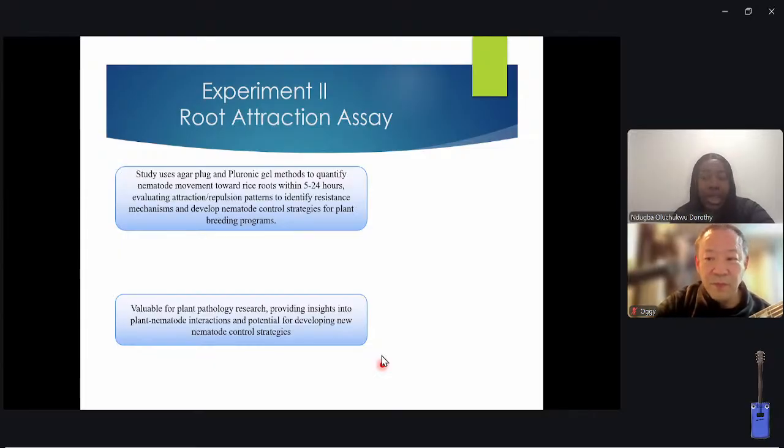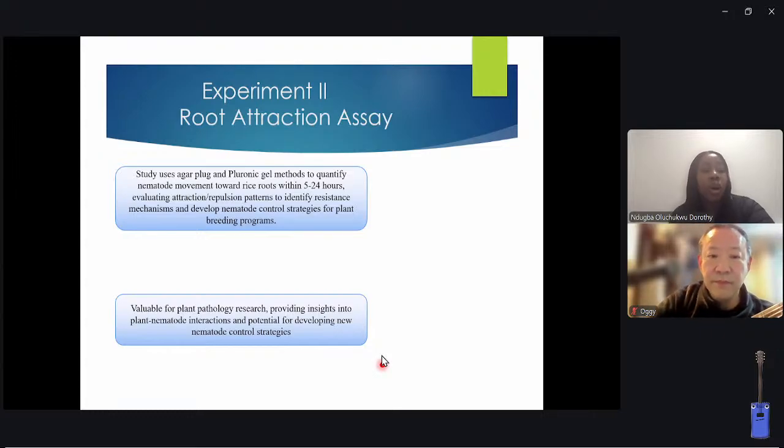And the purpose and applications, why we use this root attraction assay, firstly, is for what we call host specificity. And that means we want to determine which plant species nematode prefers. And secondly, we want to determine the chemical signal.